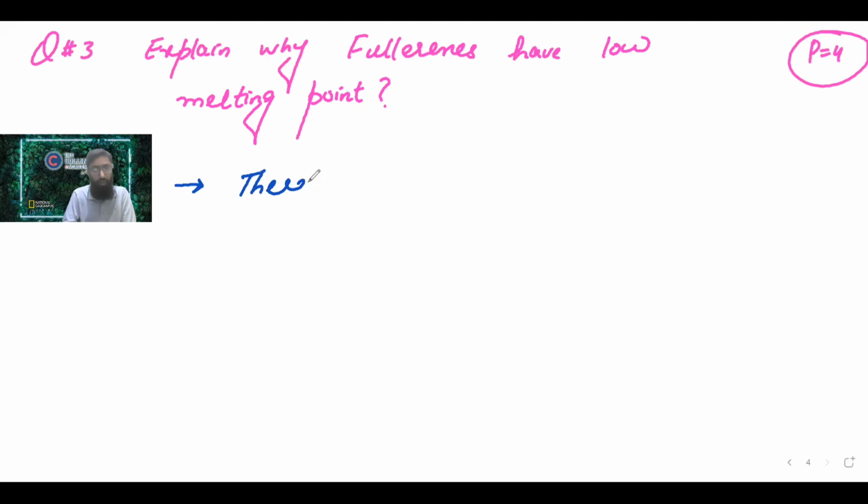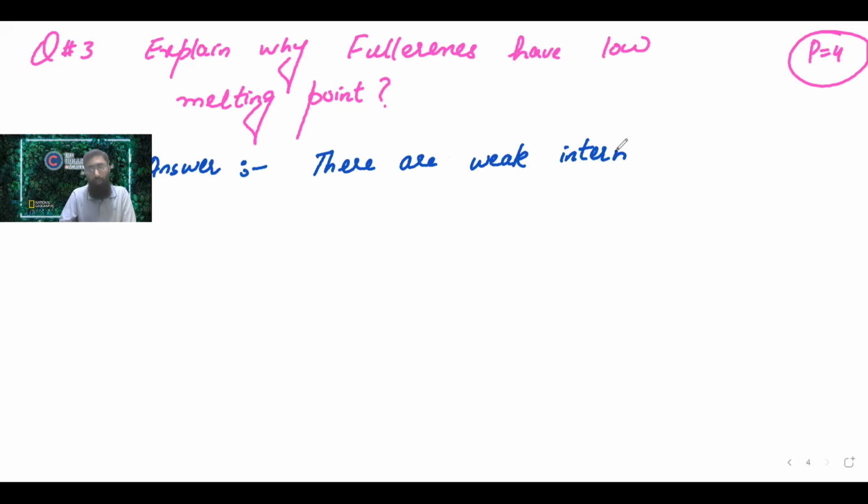Let me write the answer in proper wording. There are weak intermolecular forces. Don't get confused.